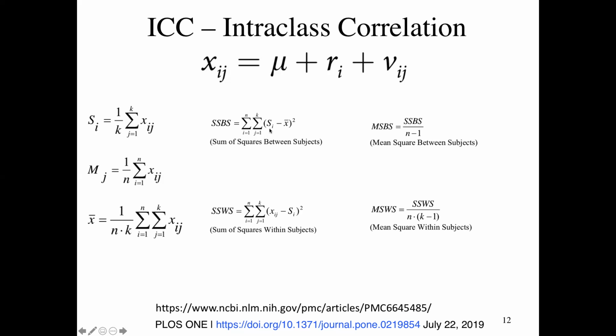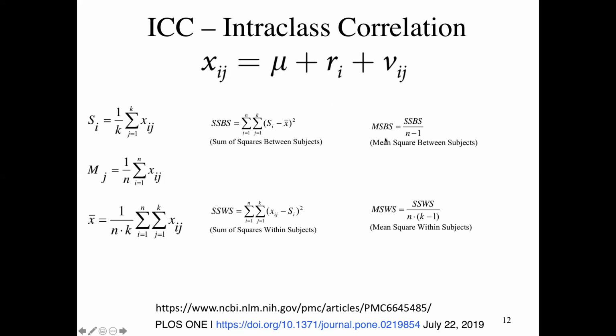So it's just the sum over all those I's as we go down the side of that table. And that's the sum of the squares between subjects. And you calculate its mean by dividing by the number of subjects you have minus 1, because you used 1 degree of freedom to compute the mean, right? So they're all related that way.